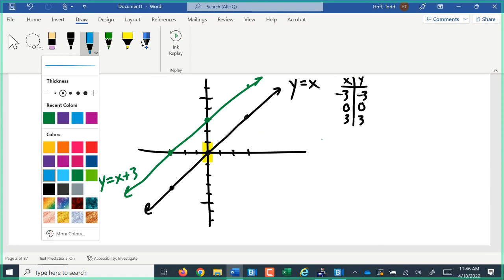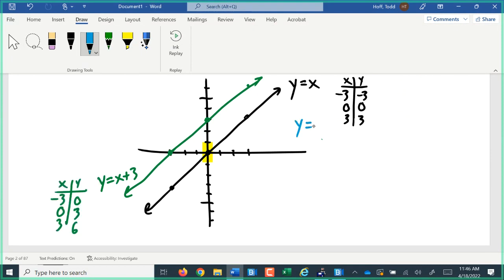So that might make it predictable to what would happen if we did y equals x minus 2. If I have my values of x and y, if x is -3, well, -3 minus 2 would be -5. That'd be down here. If x is 0, 0 minus 2 would be -2. That'd be 0, -2 is right there.